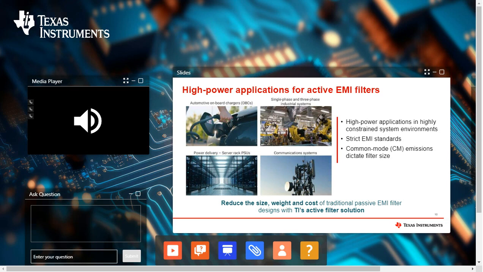Some high-power application examples for common mode AEF ICs include automotive onboard chargers, or OBCs, single and three-phase industrial factory automation systems, power delivery, power supply units for server applications, and baseband units, or BBUs, for communication systems.